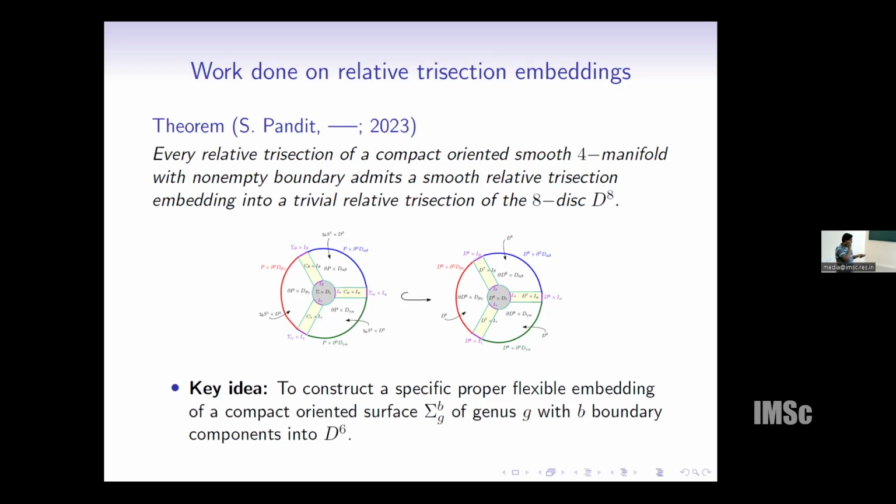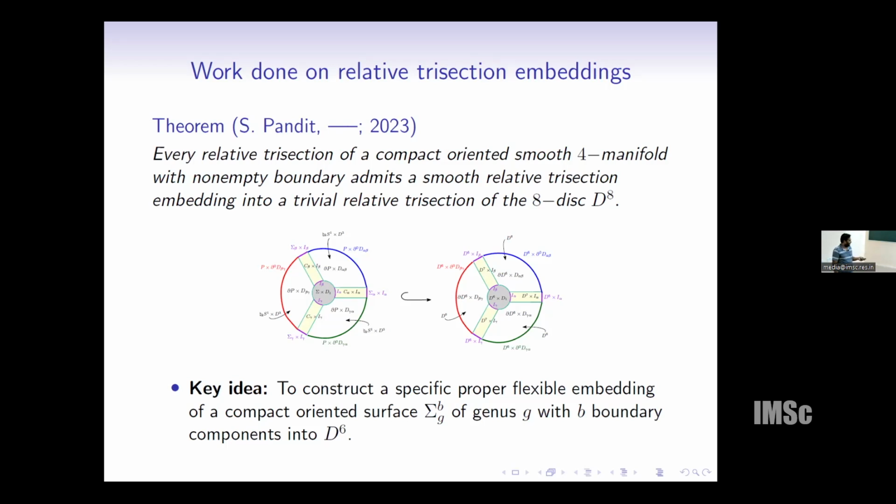Here, due to complexity, we have to use some other way. So we constructed a specific proper flexible embedding of compact orientable surfaces of genus g with b boundary components into this D^6.